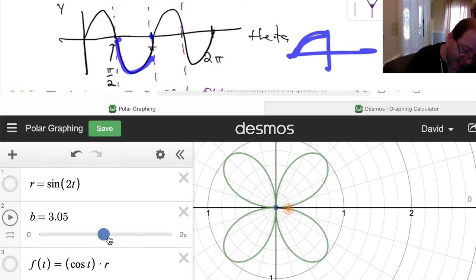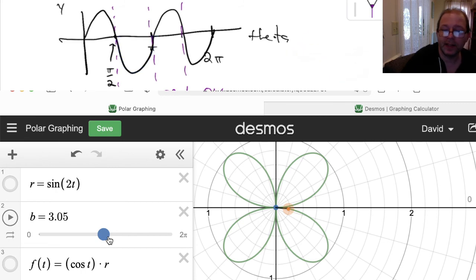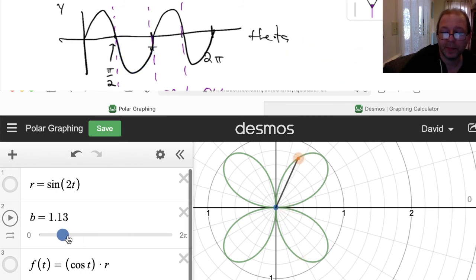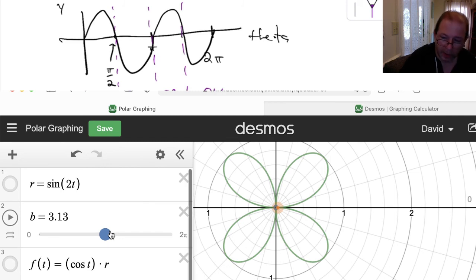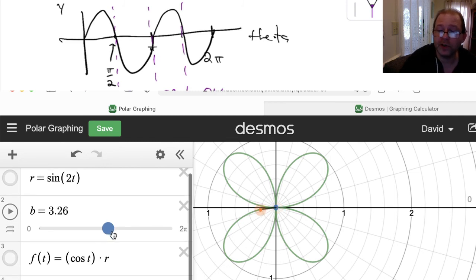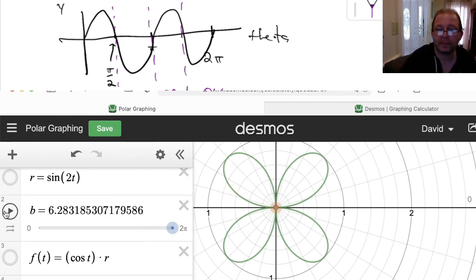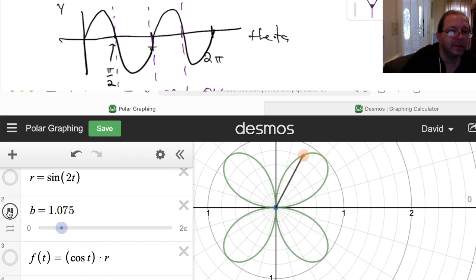The radius is negative, which means it's going to give us something out over here. And that's the reason from pi over 2 to pi, it goes through the third quadrant. I'm sorry, the fourth quadrant. Then it's going to go through the third and then through the second. So we can watch that, see it animated.